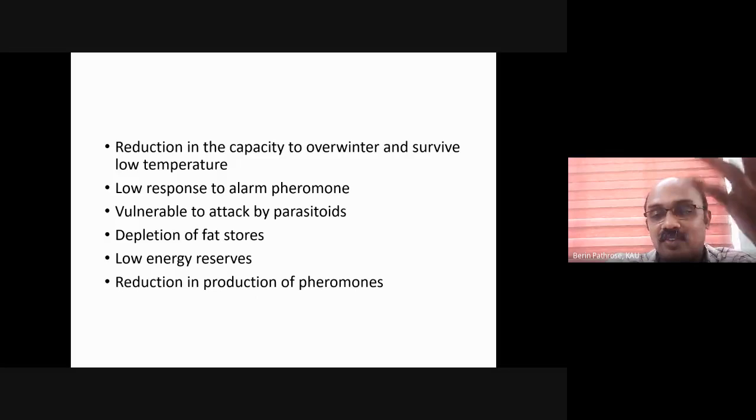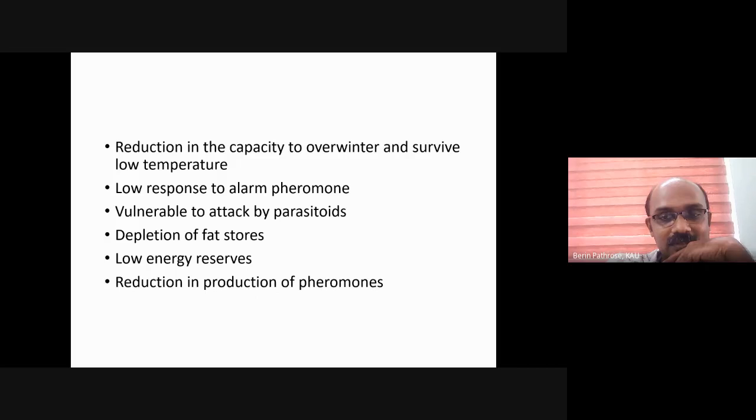So what will happen if an aphid responds poorly to alarm pheromone? Can anyone say? If the resistant aphid responds poorly to alarm pheromone, what will happen?